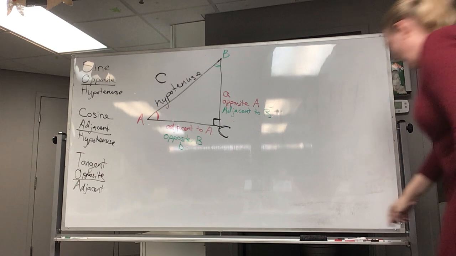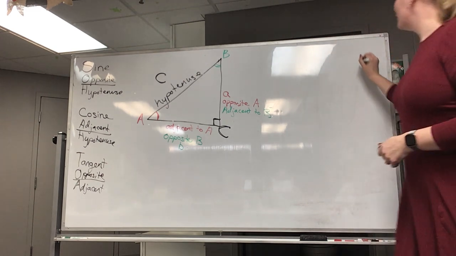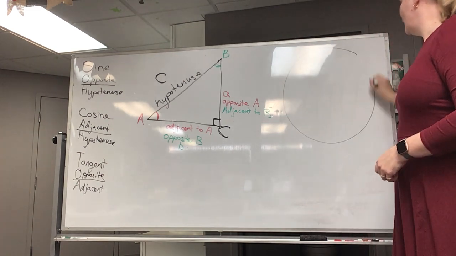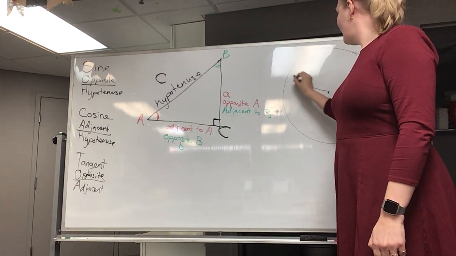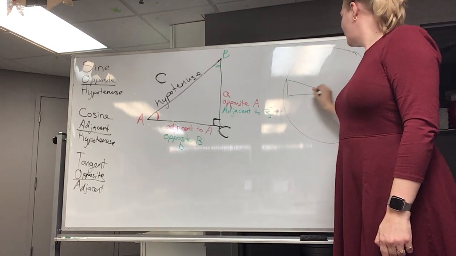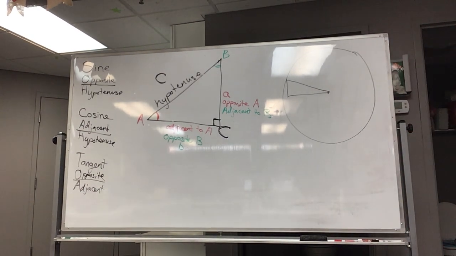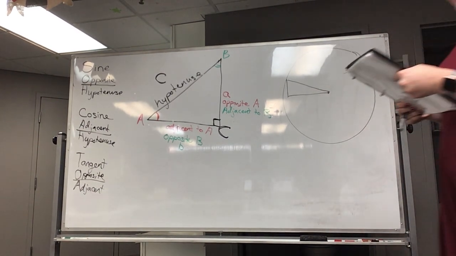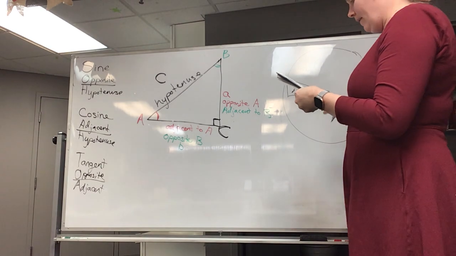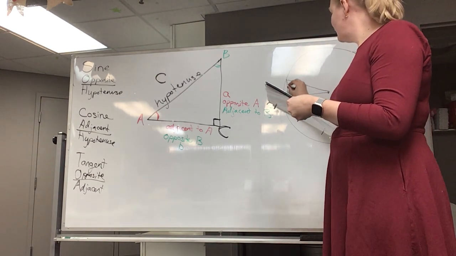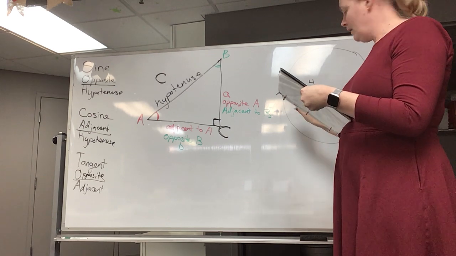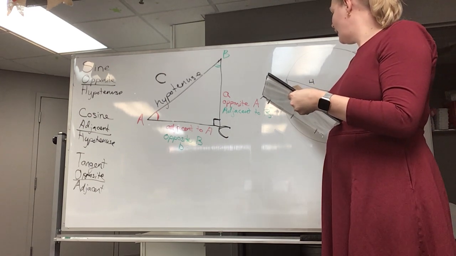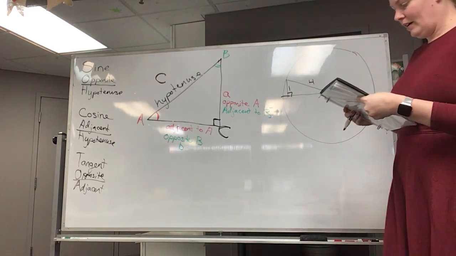So now we have a circle. Within this circle, we have a right triangle. We are told that this is a distance of 1, this is a distance of 4, this extends out. We've got a right triangle right there.